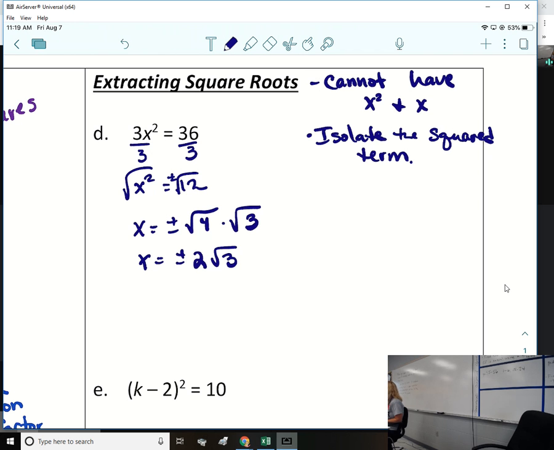So we get two answers: 2 square root of 3 and negative 2 square root of 3. Two numbers I can square, multiply by 3, and get 36. All right, any questions?